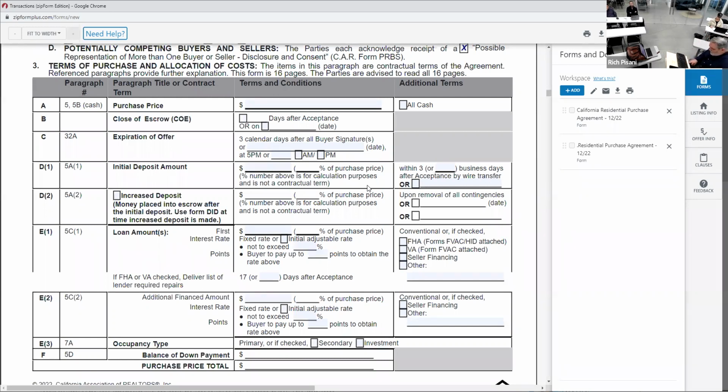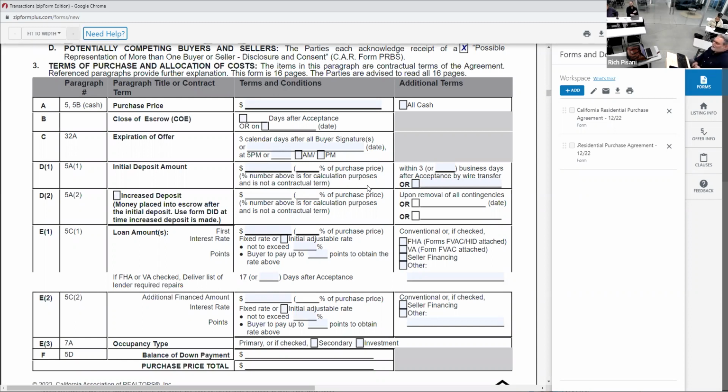If you're in a multiple offer situation and you think you have the best offer and you want to commit the seller to it, right now it's a buyer's market. So they say you can shorten that, but it defaults to 3 days.